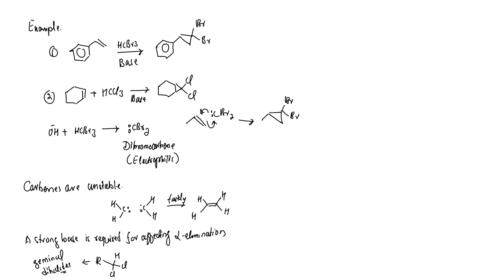If they are linked to two different carbon atoms, we call them vicinal halides.